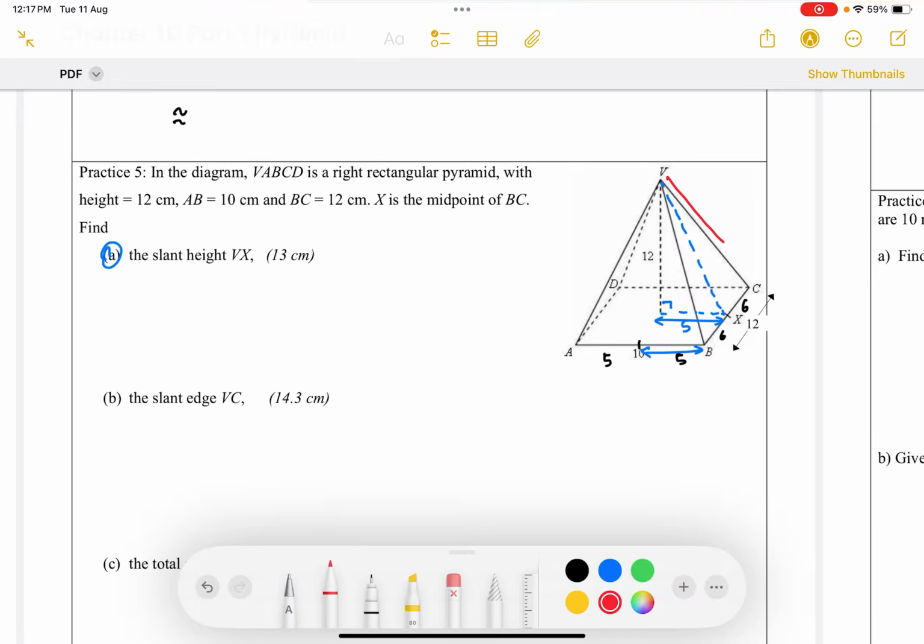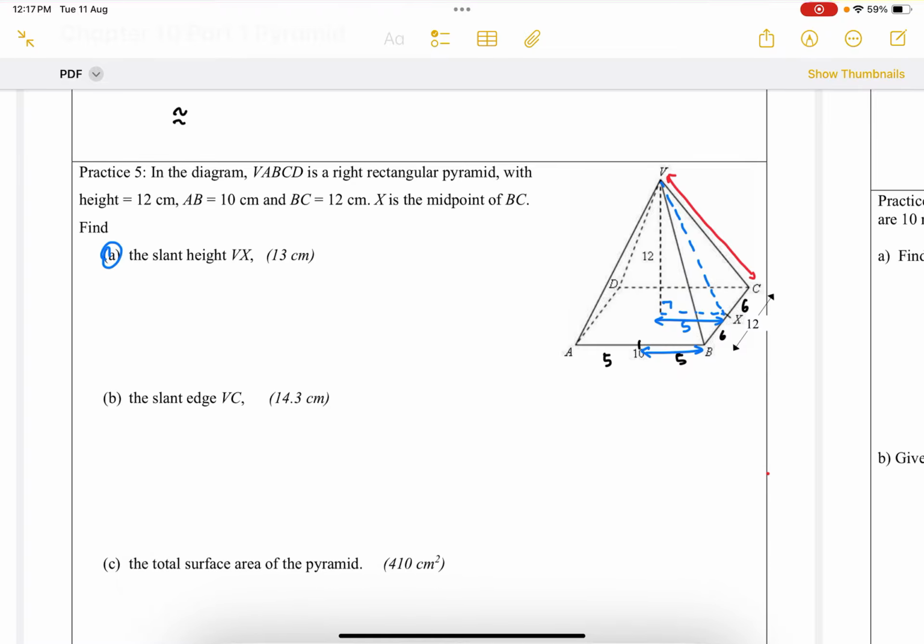So they want this distance now. Based on our drawing, I'm now going to extract the relevant right angle triangle. So that is V. This is our midpoint, X, and C. We're going to find this distance. Our VX was found in part A already, and then we require our XC value, which is here, simply half of 12, which gives us 6.